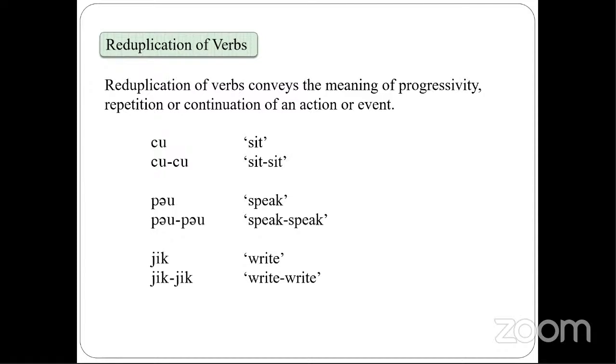For example, chu is sit, and chu chu is sitting continuously. Pao means speak, and pao pao means speaking. It can be an event which is going on. Or zik means right, and zik zik can mean always right.